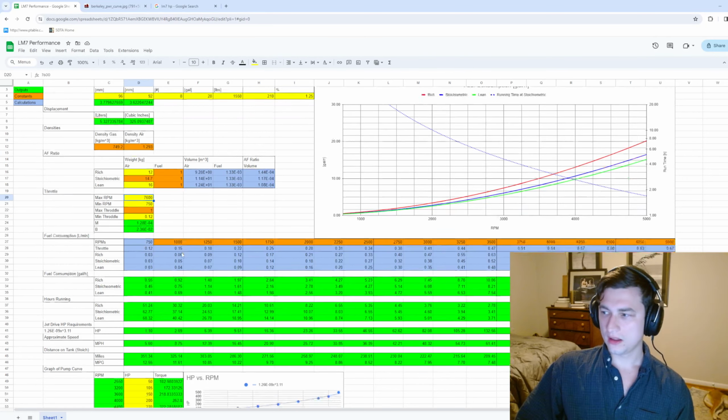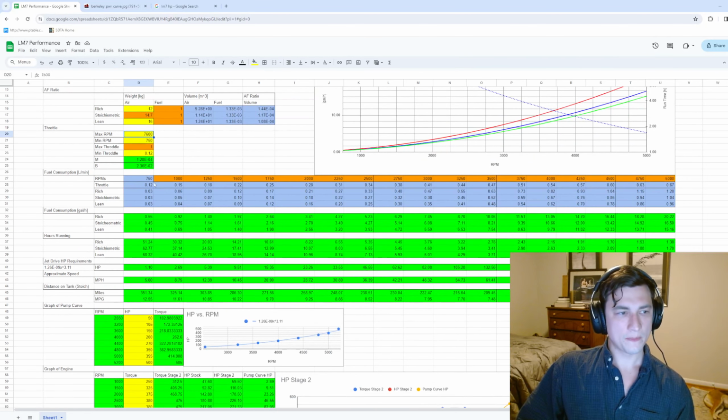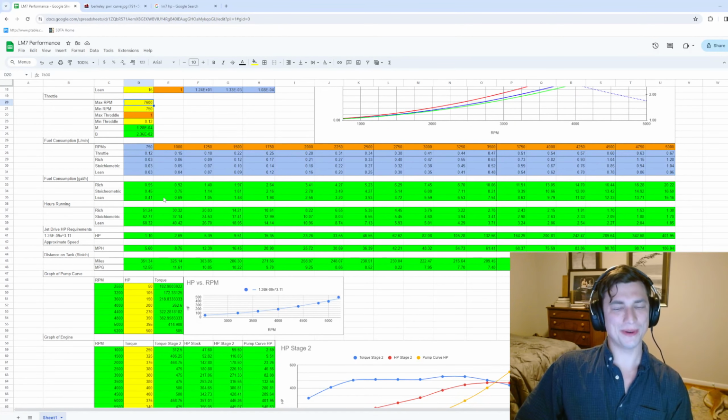So I got a bunch of RPMs and the throttle, which gives me my rich, stoichiometric and lean consumption in liters per minute per RPM. And I don't think in metric. I can do calculations in metric, but oddly enough, I don't think in liters per minute. I think in gallons per hour.